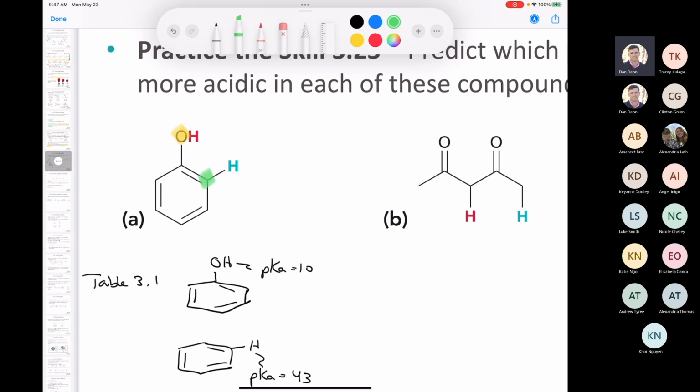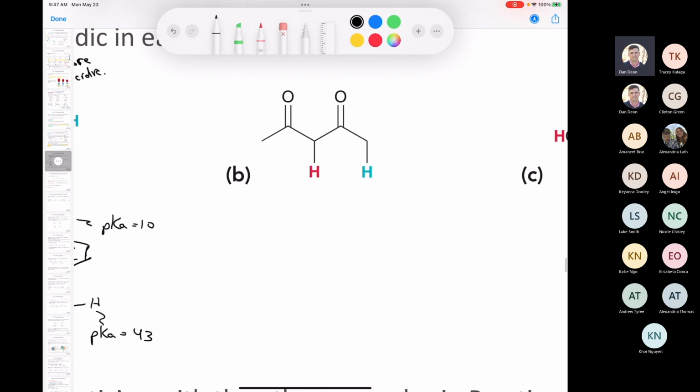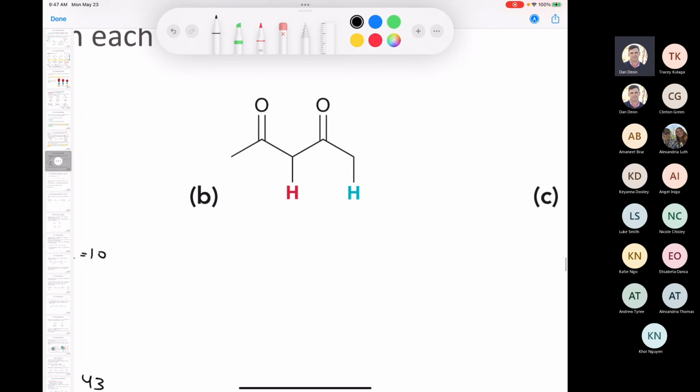What's more electronegative, oxygen or carbon? Oxygen is more electronegative, and therefore the red proton would be the more acidic proton. So I'll put here more acidic. All right. Next one, we have a 1,3-dicarbonyl.